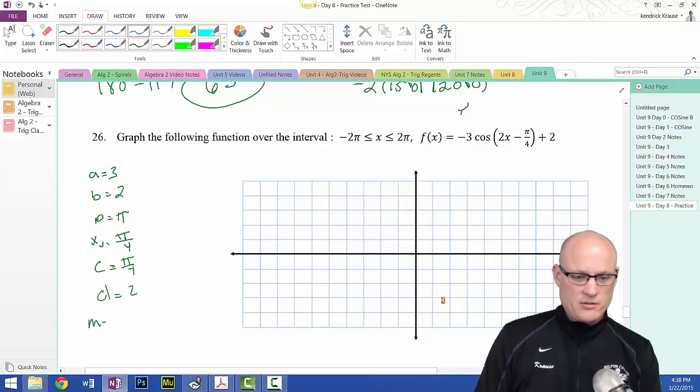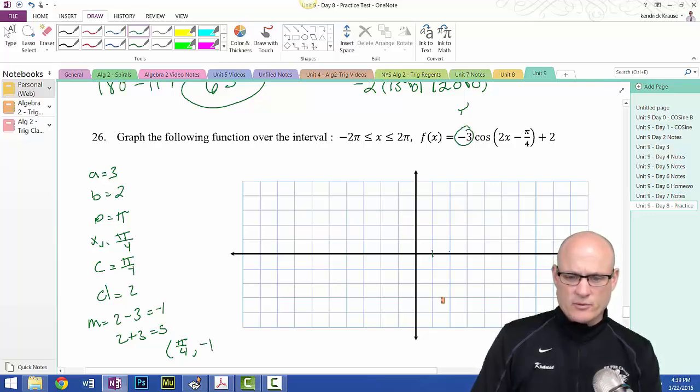My min will be 2 minus 3 or negative 1, and 2 plus 3 for my max, and that would be 5. And my starting point is pi over 4, comma, a minimum, which would be negative 1. And it's a minimum because this is negative.